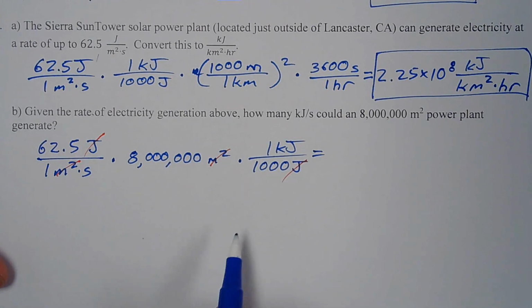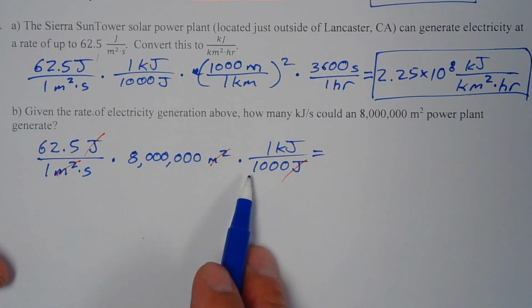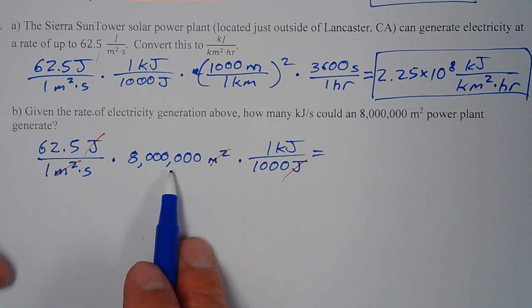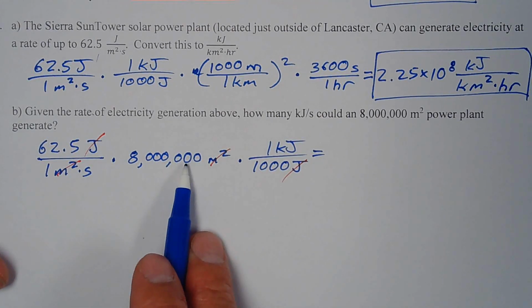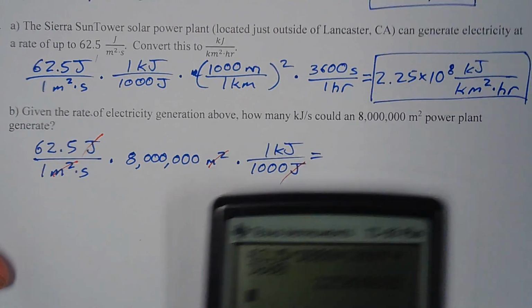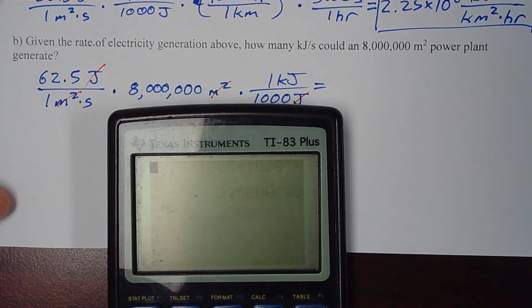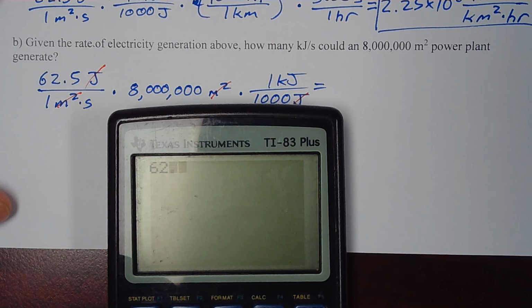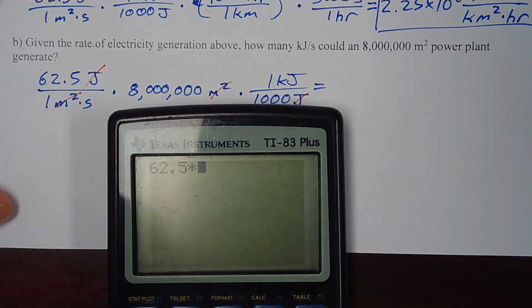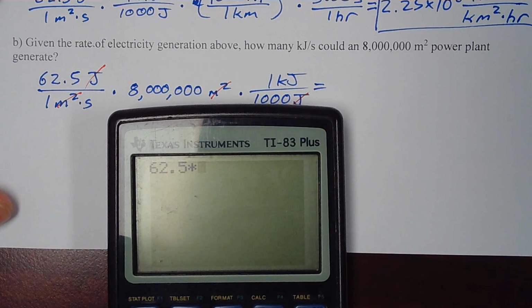All right, and if you want to get fancy with the math, you can do some cross cancellation. So this 1,000 cancels out these last 3 zeros, and so you could save yourself a couple seconds of time by saying you got 62.5 times 8,000. Okay, so that would be 500,000.